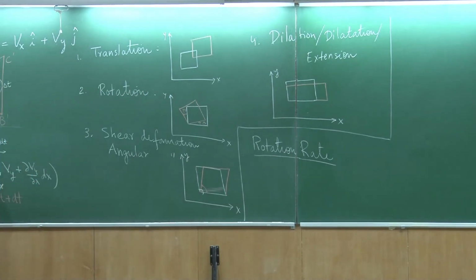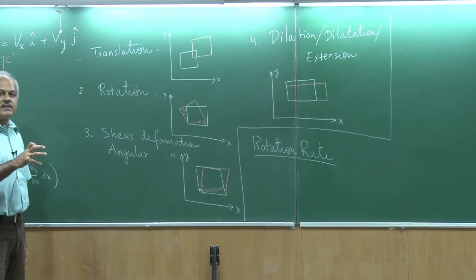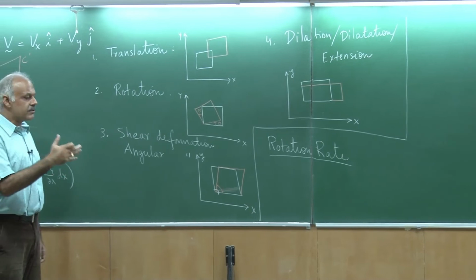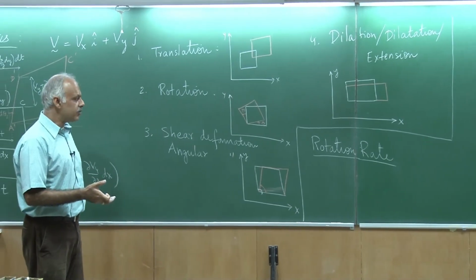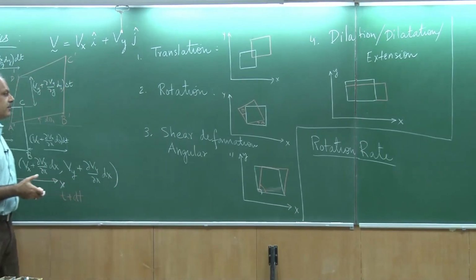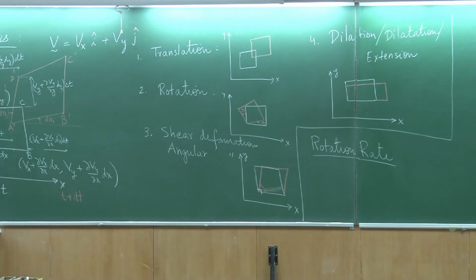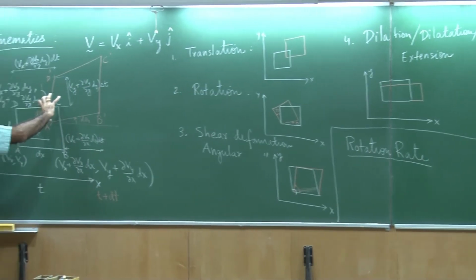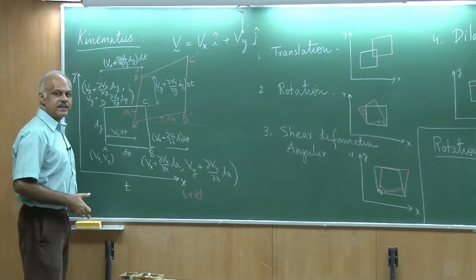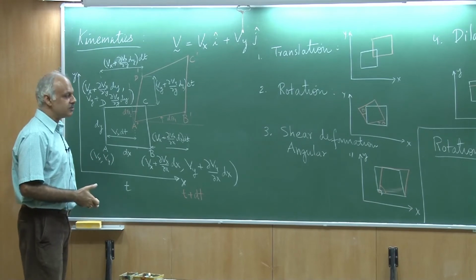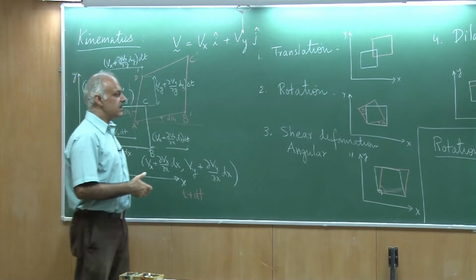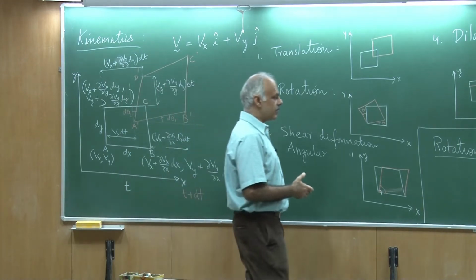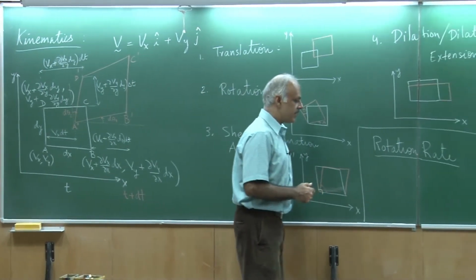As you know, in solid mechanics, when I apply a certain force on an element, then it would simply rotate, and then it would stop at a final state. But in a fluid mechanical system, when I apply a certain force or a torque, then this element would simply keep on rotating till that force or that shear is removed. So, I can talk about a rate of rotation. So, I would like to calculate that. All right.